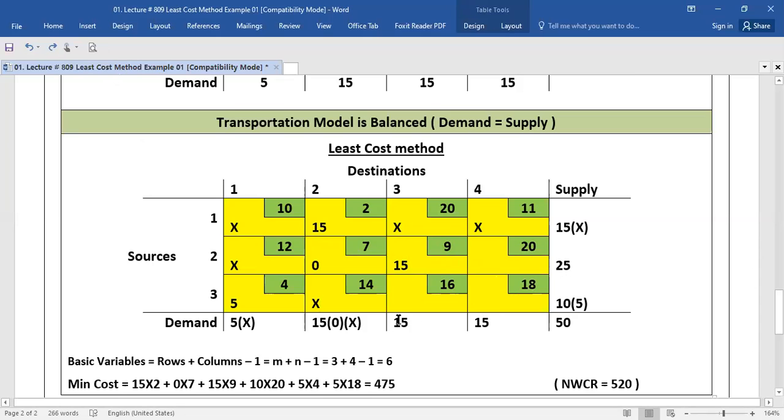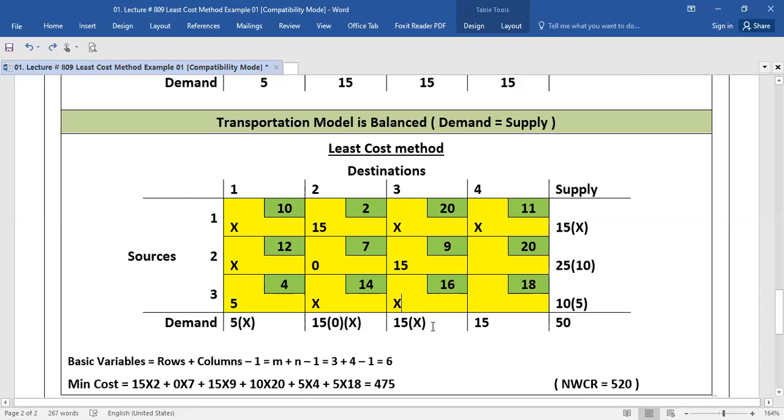This is least. So you put 15 in this blank cell and also put a cross in front of 15, as the demand is completely satisfied. 10 will remain out of 25. So you put a cross in the blank cell of that column, as it is completely satisfied.